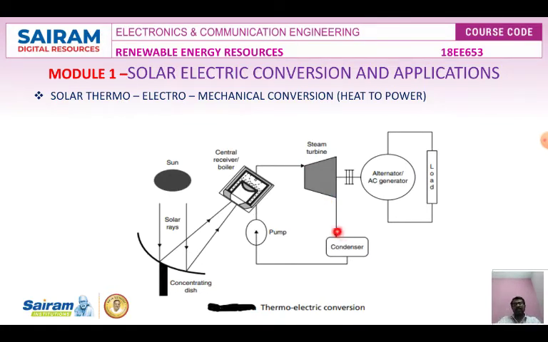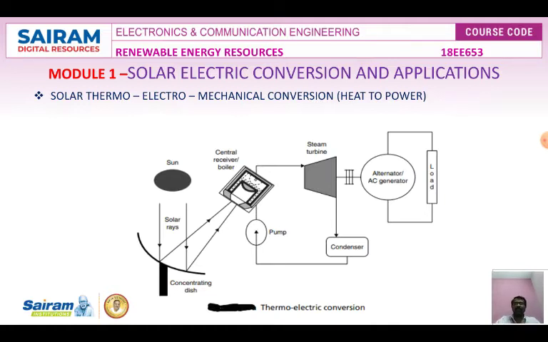Here the steam is again converted into water or a fluid with the help of the condenser. It may be ammonia or propane or whatever fluid it may be. Again that fluid is pumped by the pump to the boiler. This process repeats for generation of electricity.